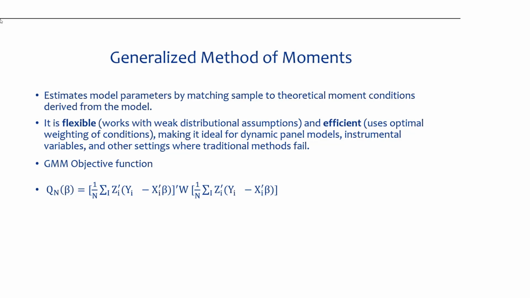You remember this transformation, right? Expected value of xi into yi minus xi beta equal to 0. You're setting the first moment equal to 0. Here also the first part represents that, but instead of xi, we are using the instrumental variable.